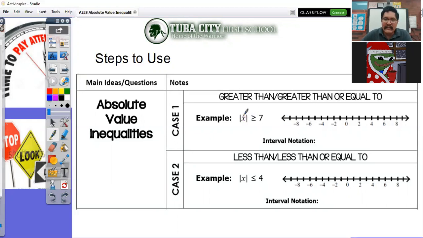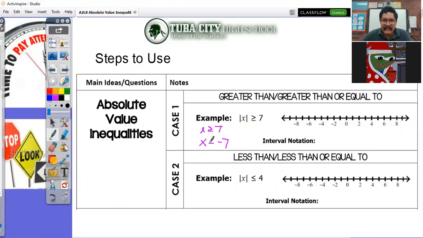Or you can also put in -7. So there is that negative case that you have to remember. The first case is things stay the same, so everything stays the same. And the second case is the negative case, so you flip the sign of the outside numbers.